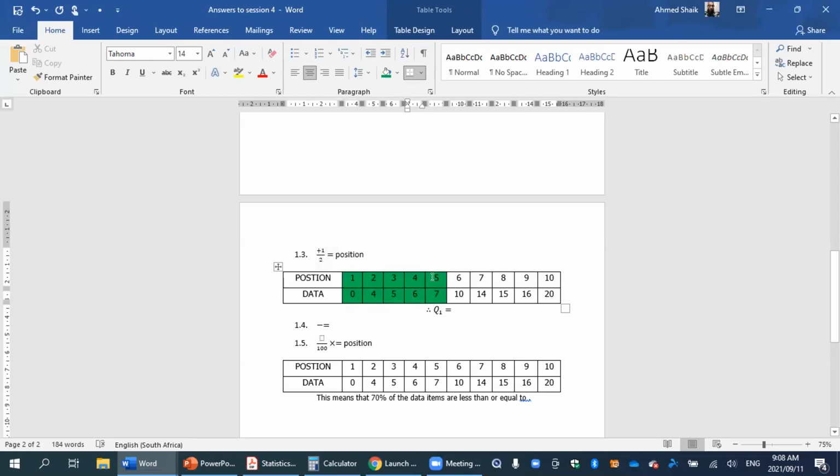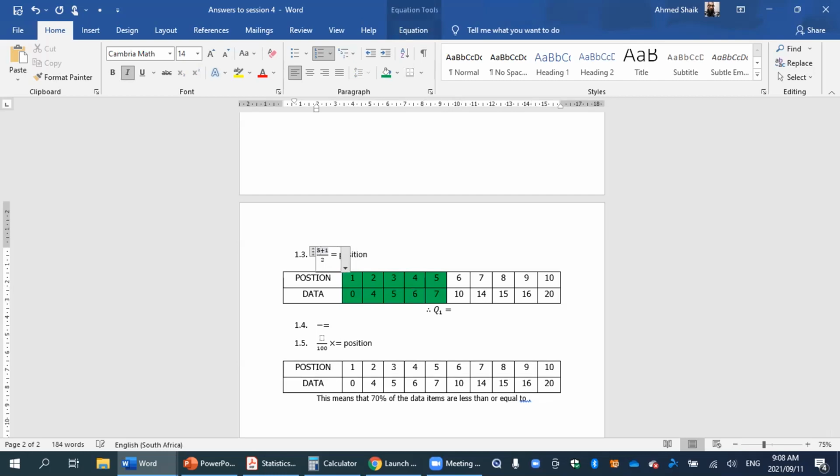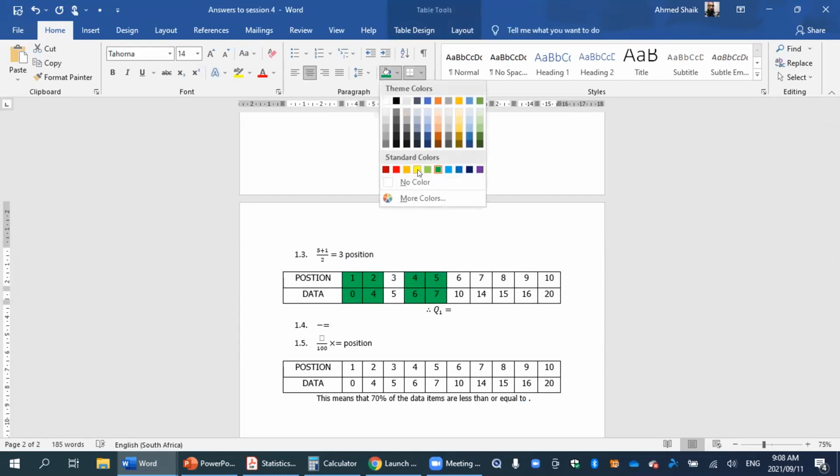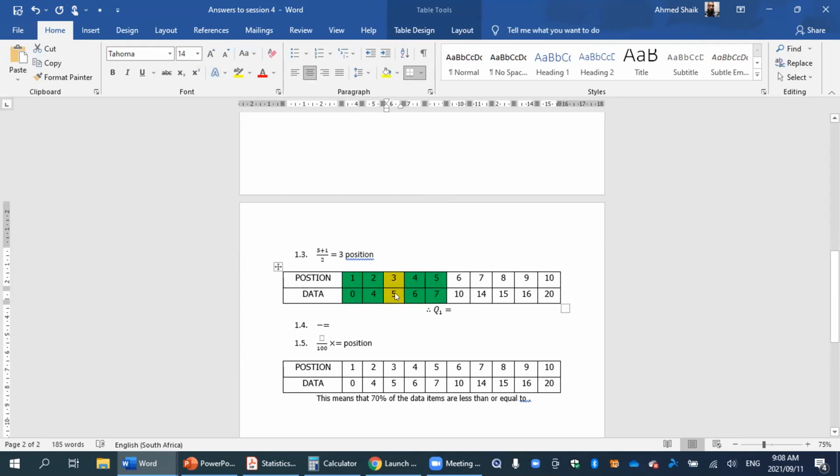So we've got 5 values, n is equal to 5, and 5 plus 1 over 2 is equal to 3. Let's highlight our Q1, and we can see position 3 is equal to 5.